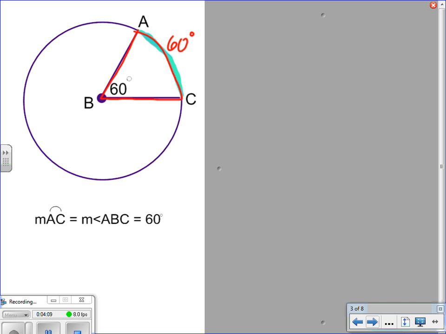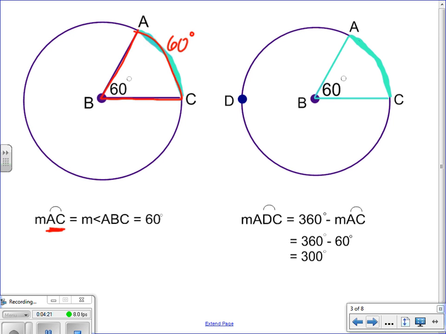And then I want you to take note of one other thing. To name a minor arc, we need 2 letters. A minor arc needs 2 letters. That changes when we look at a major arc. So we have the same exact picture here. The central angle is still 60, the minor arc is still 60, and then I want to know what the major arc is equal to.